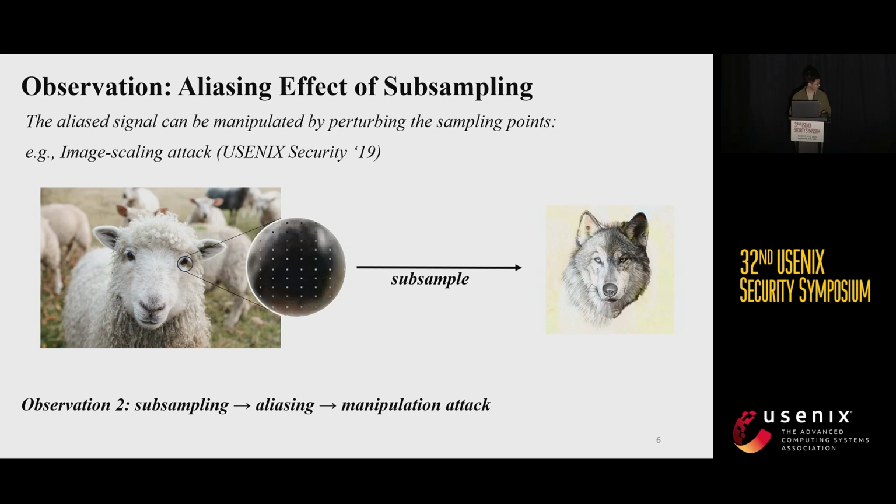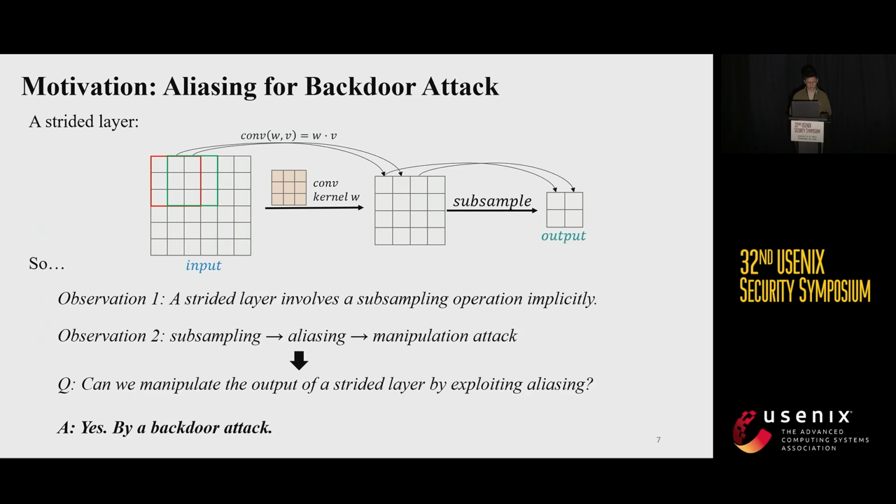So our second observation is that subsampling can result in aliasing, and aliasing can result in manipulation attacks. Based on these observations, given a stride layer, our question is, can we manipulate the output of a stride layer by exploiting aliasing? The answer is yes, we can do this by a backdoor attack.